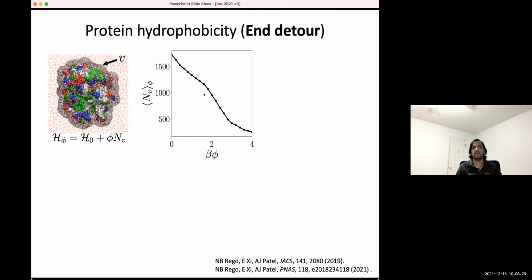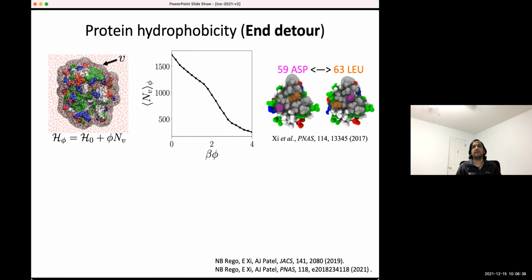It's sigmoidal. As I crank up the potential, all of the water molecules sort of collectively dewet the hydration shell, right? And this, it turns out, makes the patches on the surface of a protein very sensitive to perturbations.